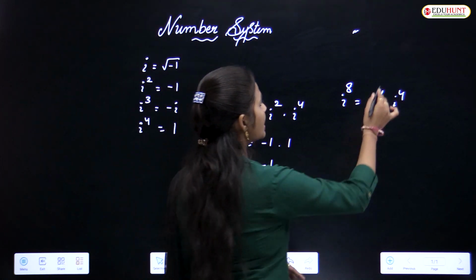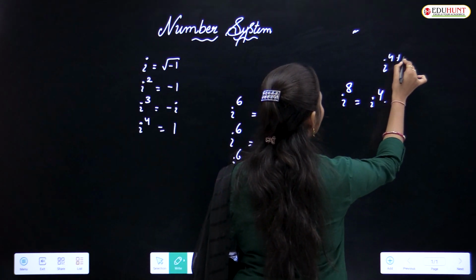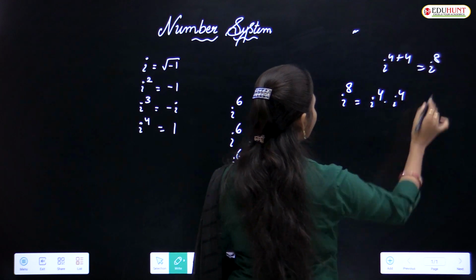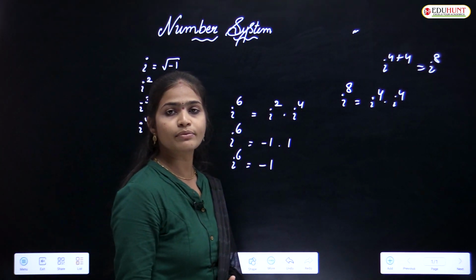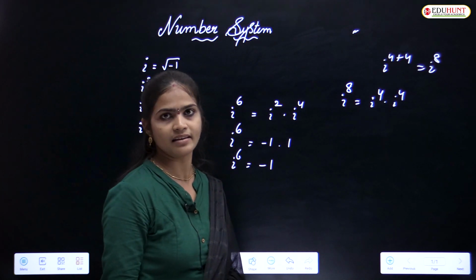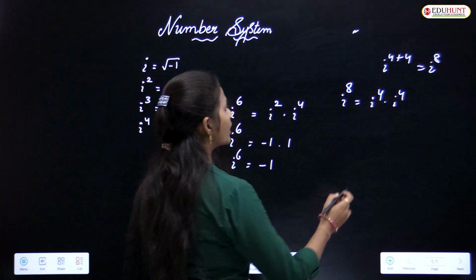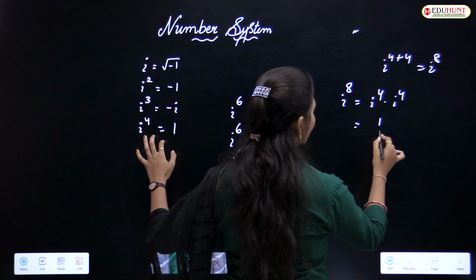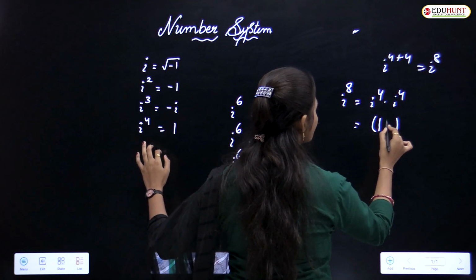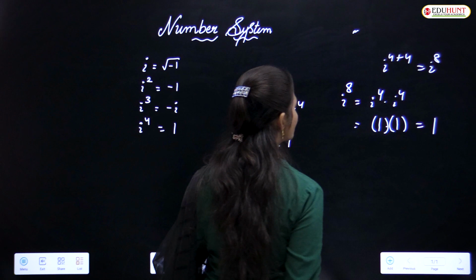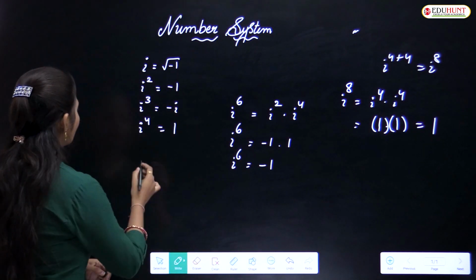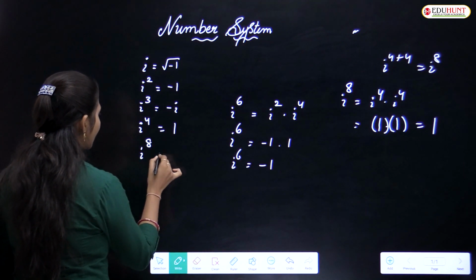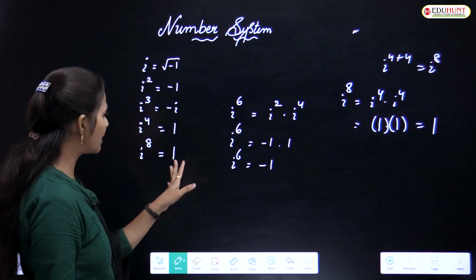Here the multiplication symbol is there, but we can express this as i power 4 plus 4, so again i power 8, according to the law of exponents: a power m into a power n is equal to a power m plus n. So i power 4 value is 1 and i power 4 value is again 1, so 1 into 1 is equal to 1. So i power 8 value is equal to 1. Okay, keep that aside.